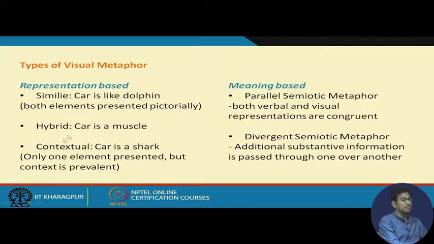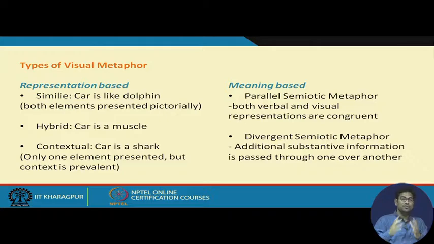Here we are talking about the representations, whether one is present or one is absent, and this is a meaning based metaphorical concept, where you are talking about whether they are parallel semiotic metaphor, where both verbal and visual representations are congruent, they are mapping with each other.